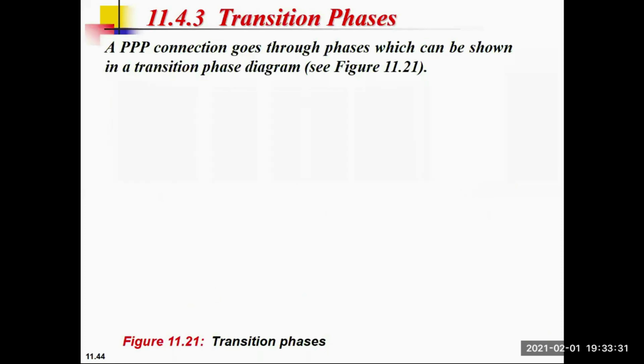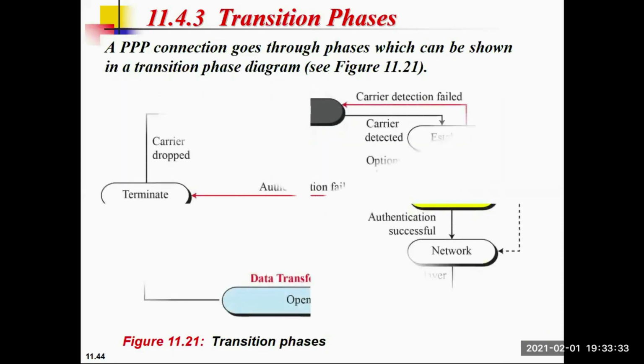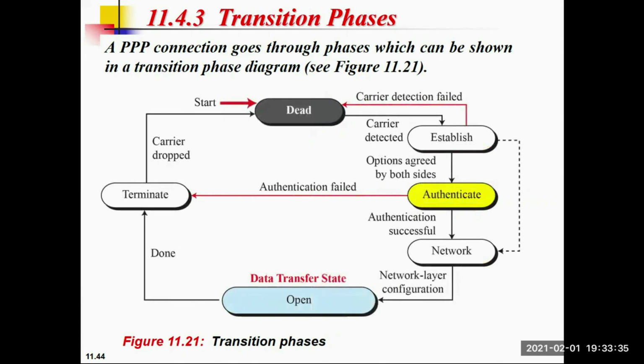Now we will discuss the transition phases. The transition phase starts from the middle section, that is start, and first it will detect carrier, and if it does not detect carrier, the carrier detection will fail. After detection of carrier, if the options are agreed by both sides, then authentication will take place.